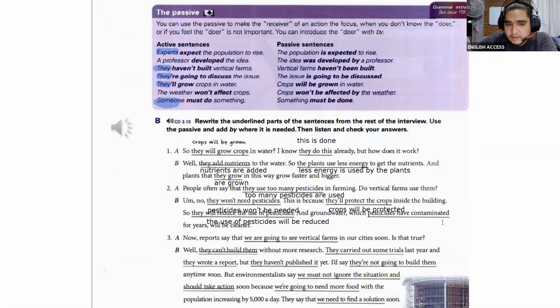Pesticides have contaminated groundwater. Where are we?